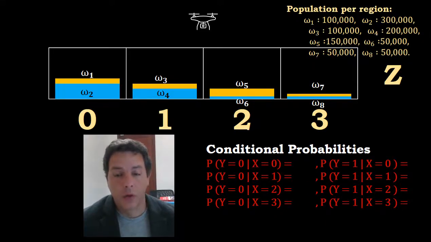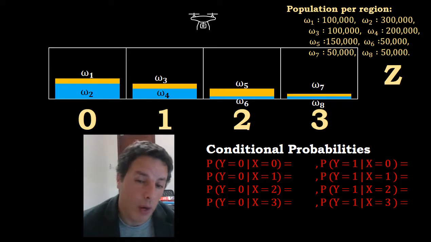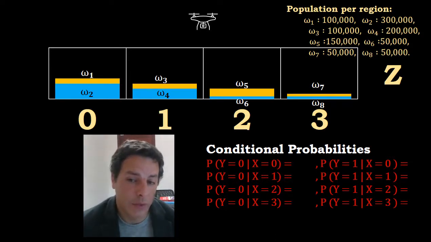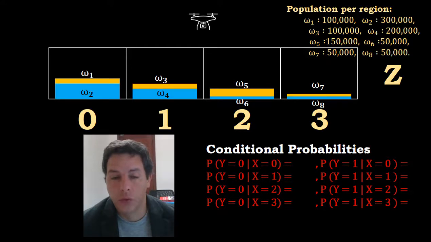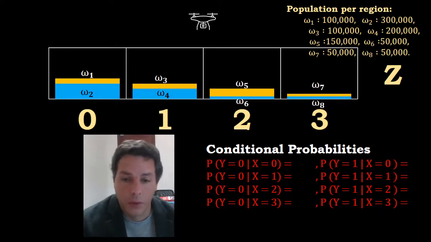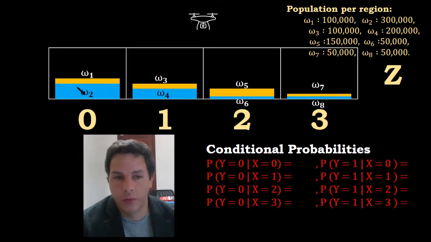Now, this is also conditional probabilities, but the other way around. So the event that we know is that it landed in one of the geographical regions. And based on that, we have to determine the probability of landing in inland or coastal. So probability of y equals 0 given that x equals 0. So we know that it landed in region 0, so it landed in this area. So now the sample space is reduced to 2 possible outcomes.